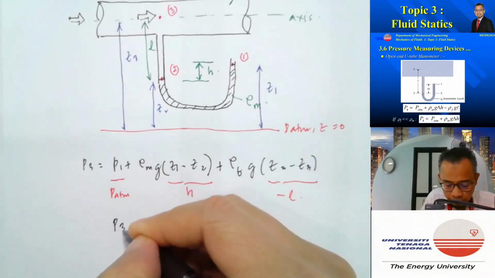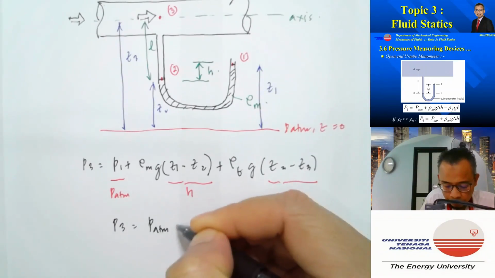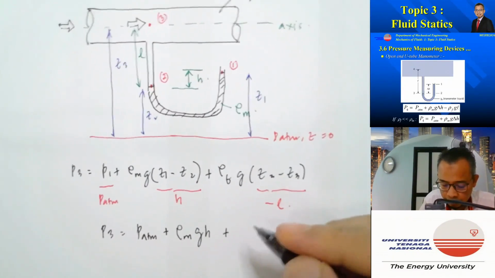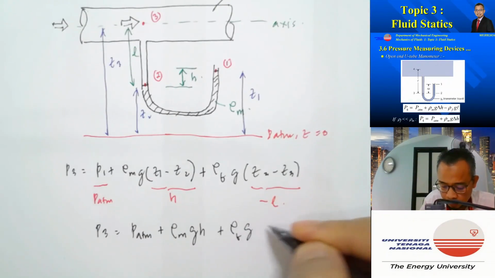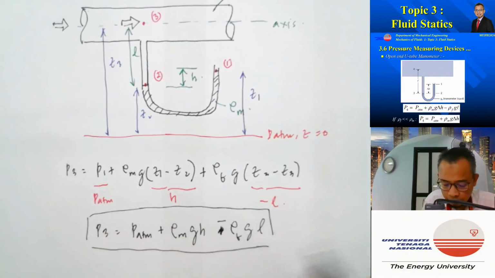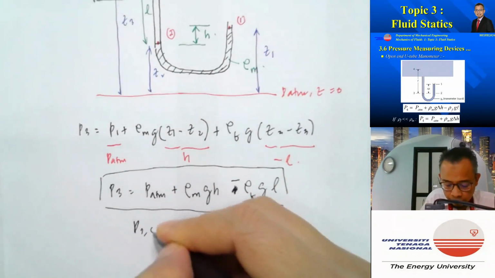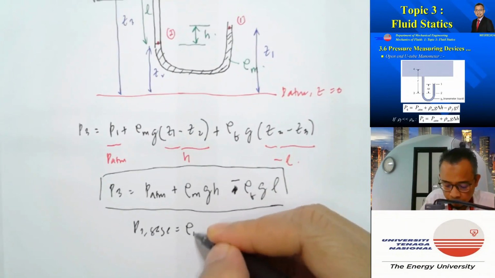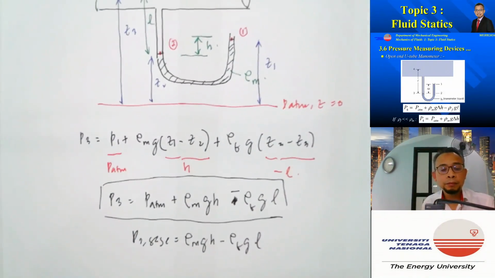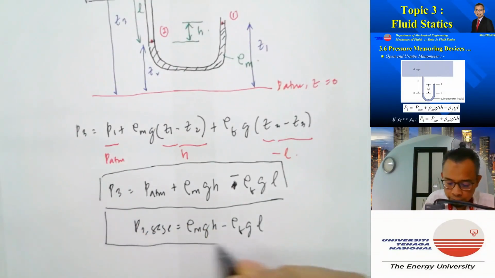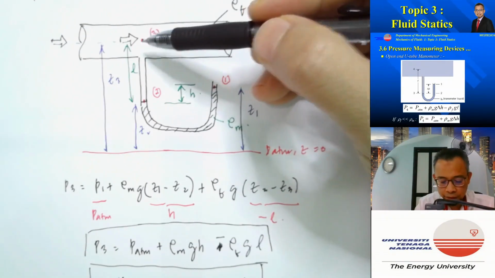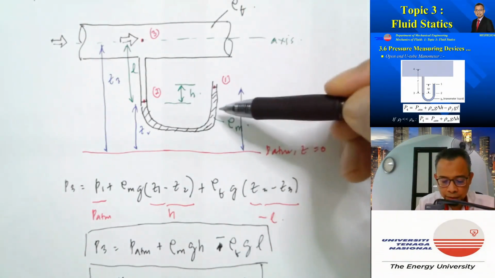It says that P3 is equal to P atm plus rho M g H plus rho F g L. But this one has to be minus. Or P3 gauge is equal to rho M g H minus rho F g L.